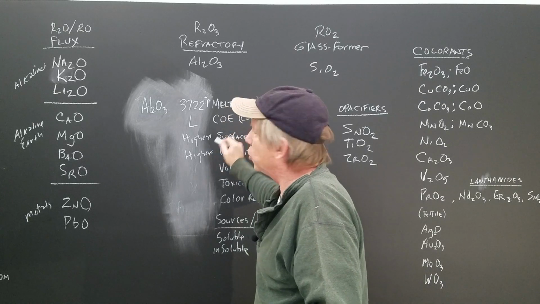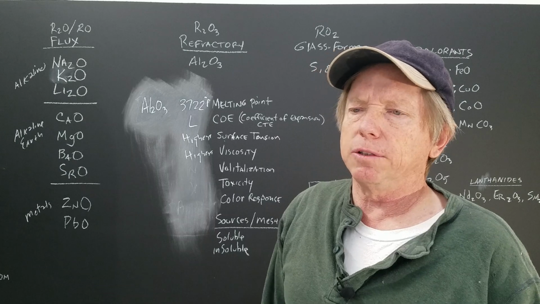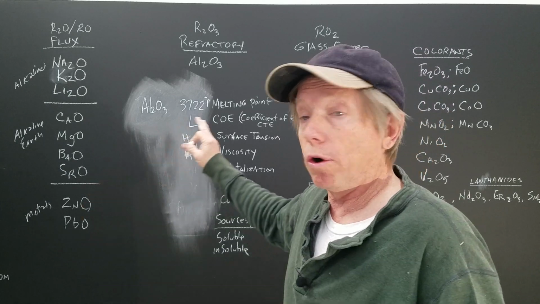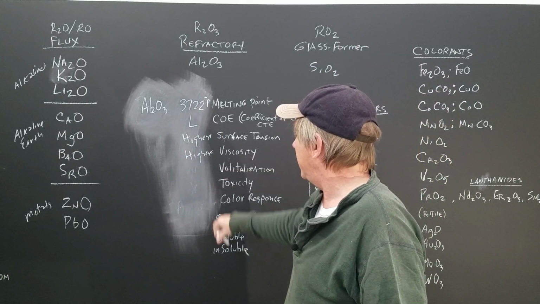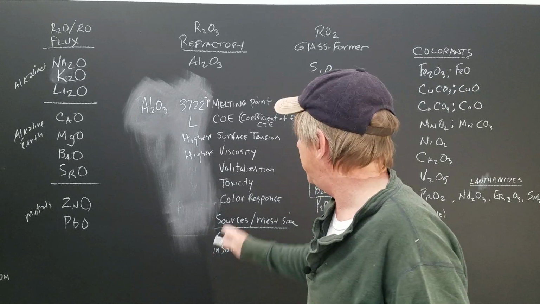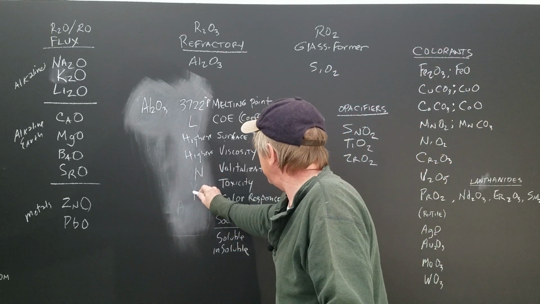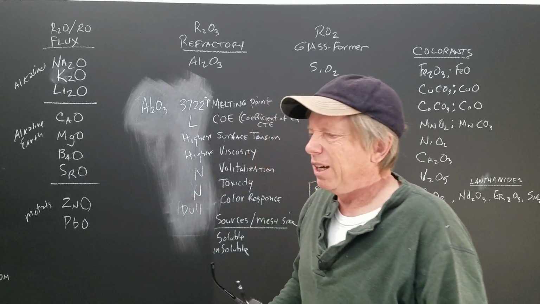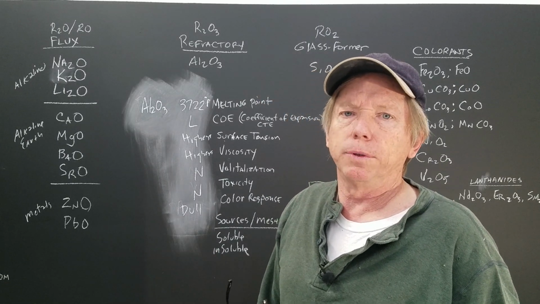So that can cause crawling. If you put too much kaolin in a recipe, you can get crawling from shrinkage as it's drying or from the high surface tension. And it makes very thick, or stiff, glazes. It does not volatilize, no toxicity. It's got dull colors, like I said before.